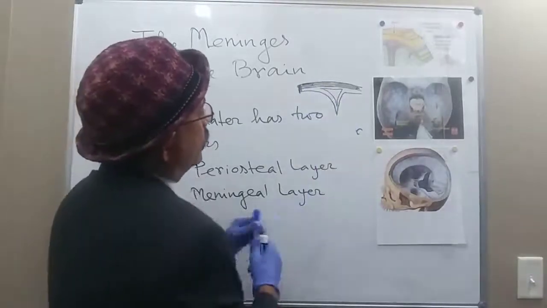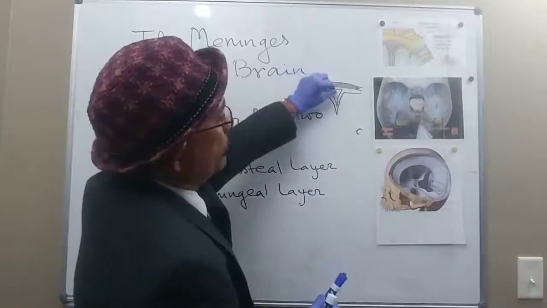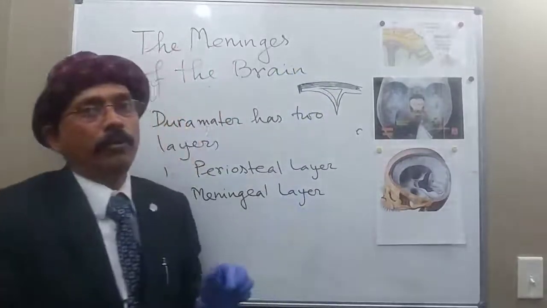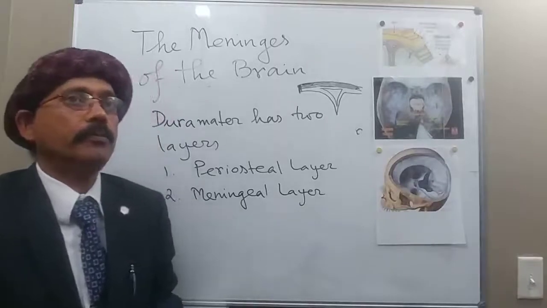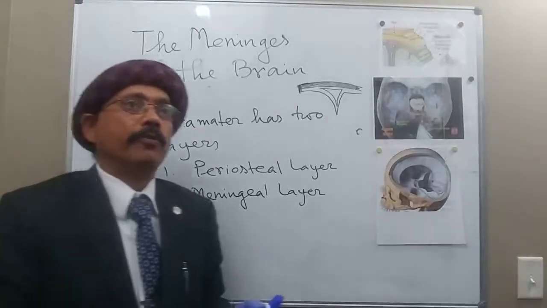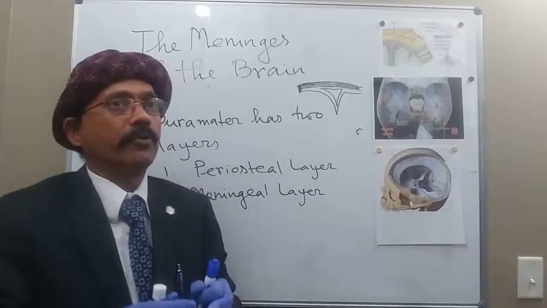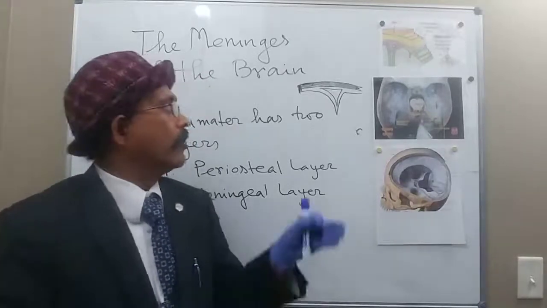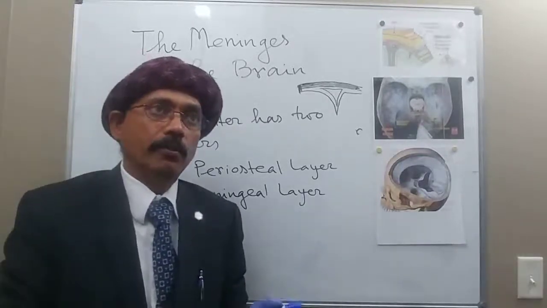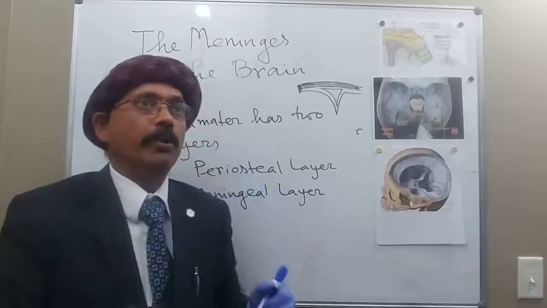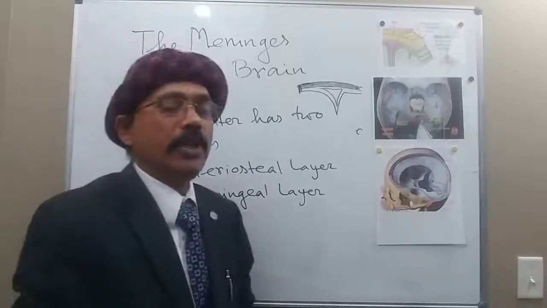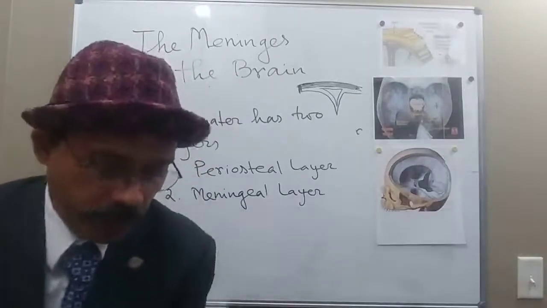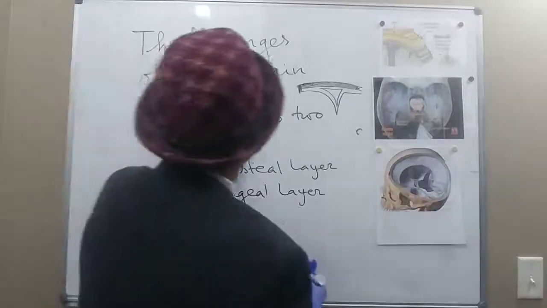They are fused together except in places where they form the dural venous sinuses. Where they form the dural folds and dural venous sinuses, they are split. The dural folds are formed by the meningeal layer. So we have to know that part.